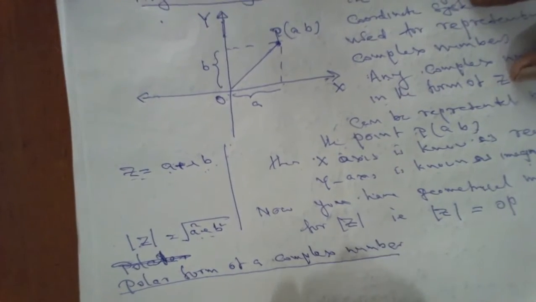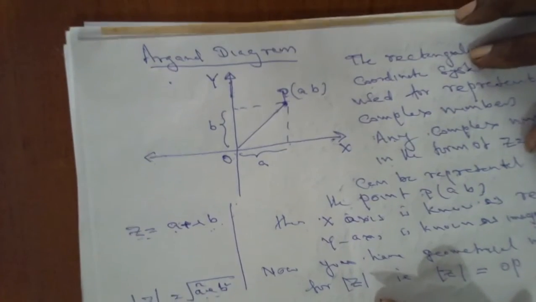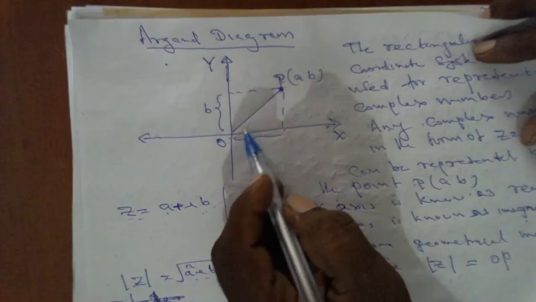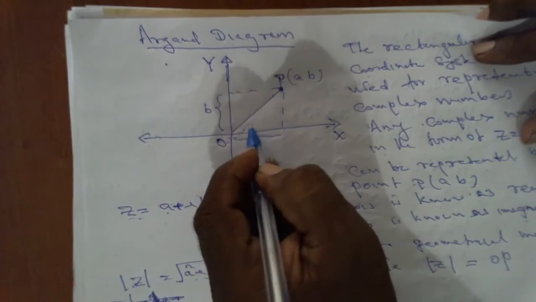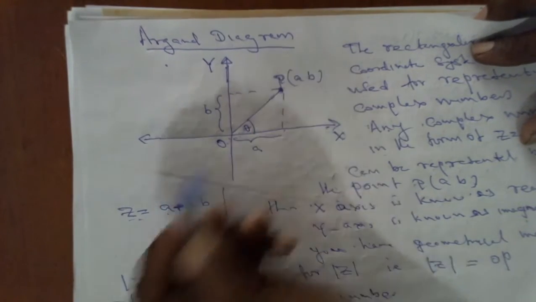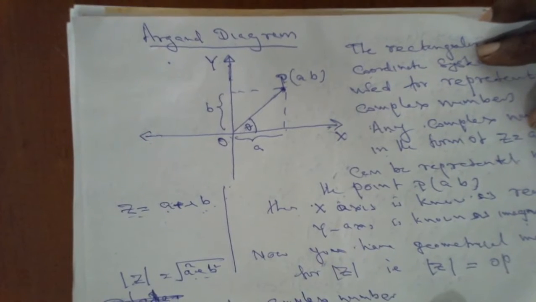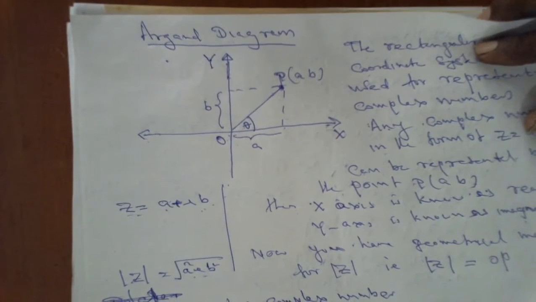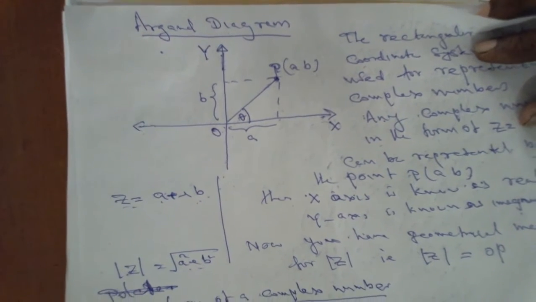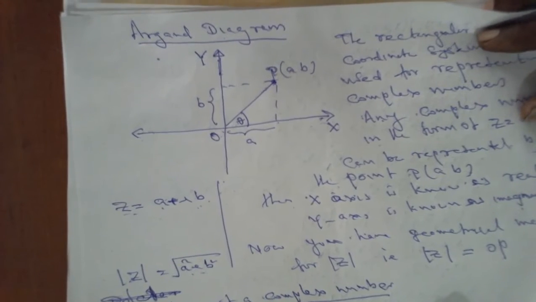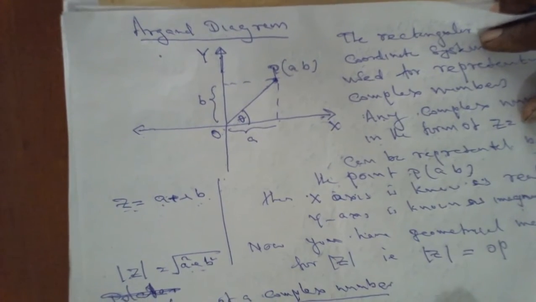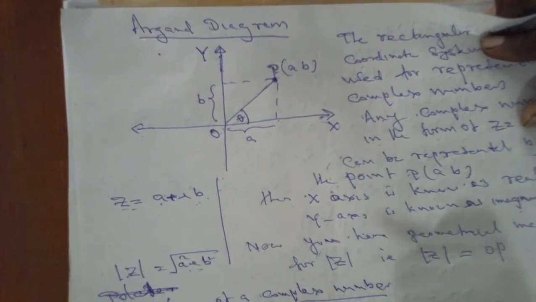Polar form means, if you take any complex number, you can take the angle theta that OP makes with the positive x-axis. For a given complex number, what is the range of values of theta?